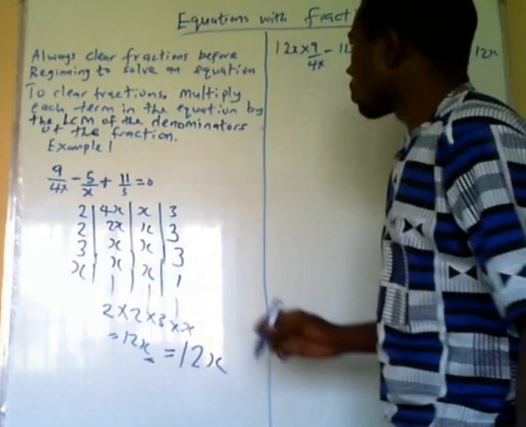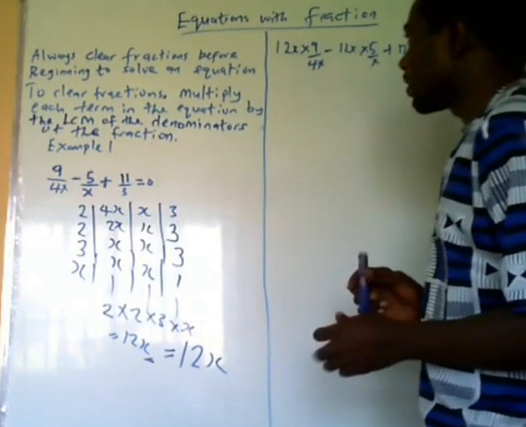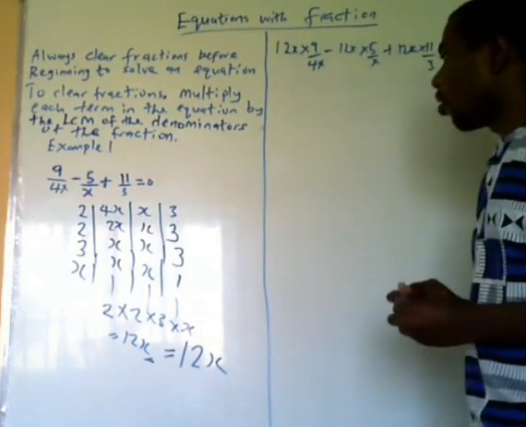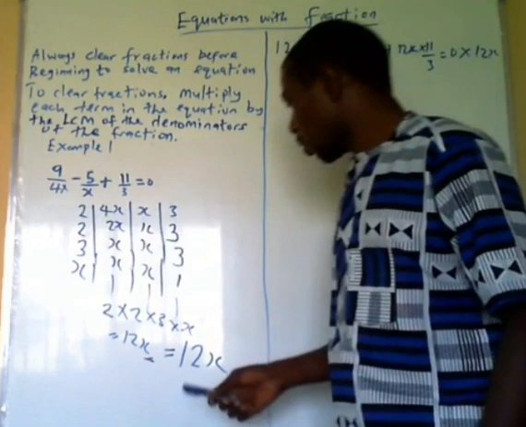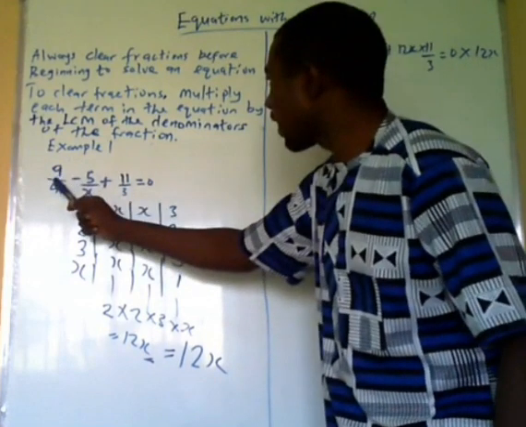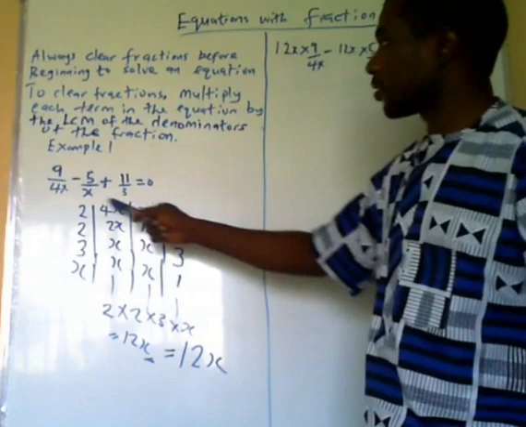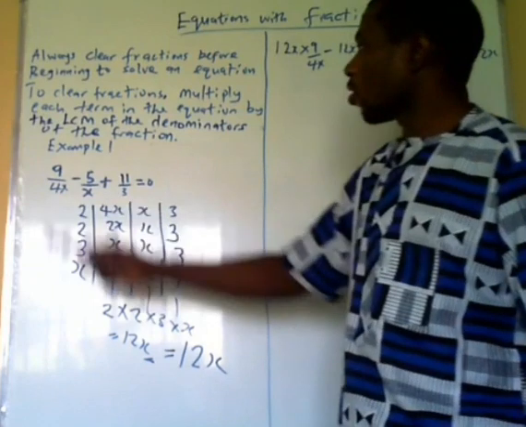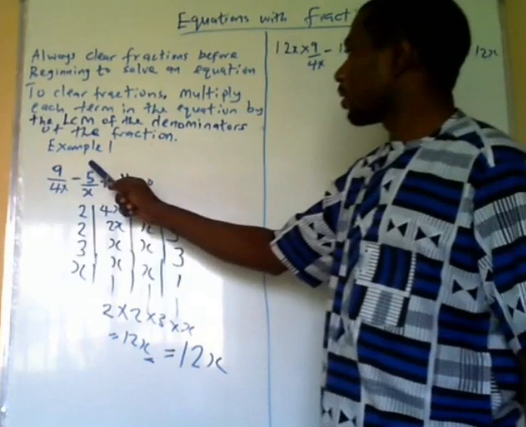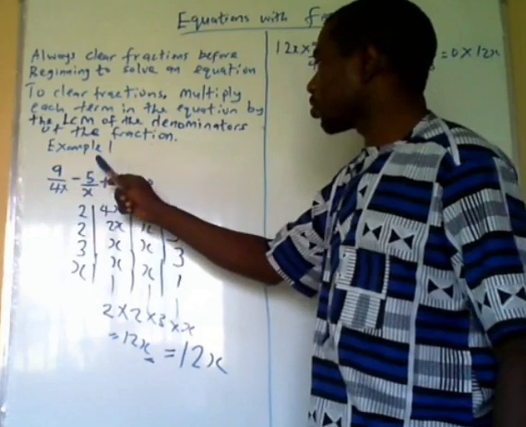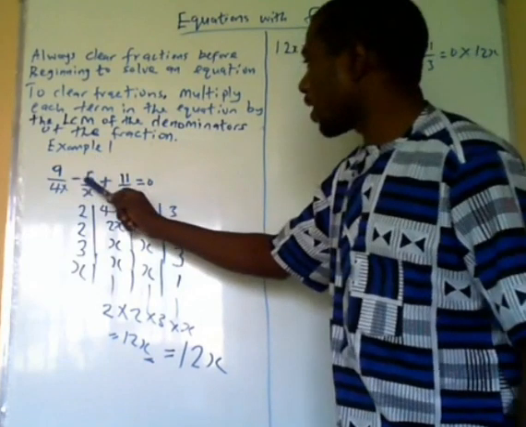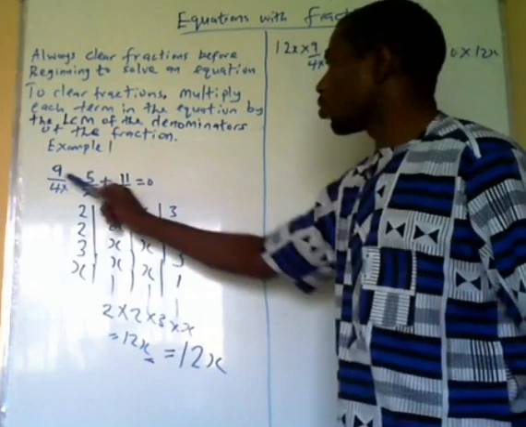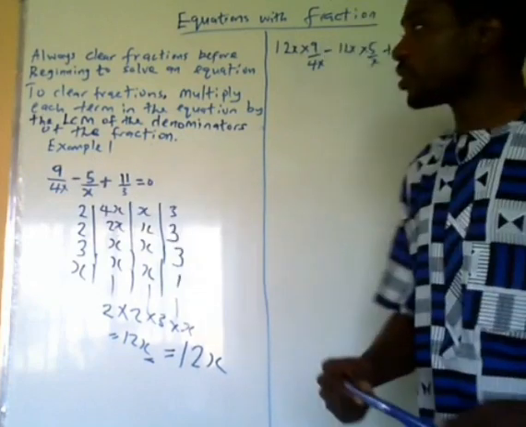So what we are actually doing here is using the LCM of the denominators, which is 12x, to multiply all the terms. Remember, the terms are 9 over 4x, then minus 5 over x, then 11 over 3. So all these are the terms. Then the last one, which is 0.